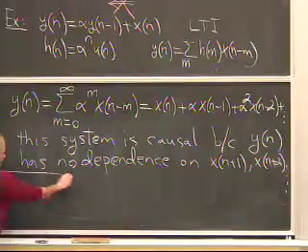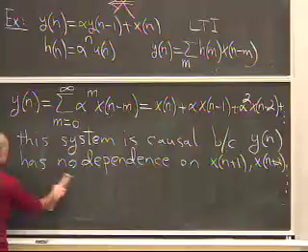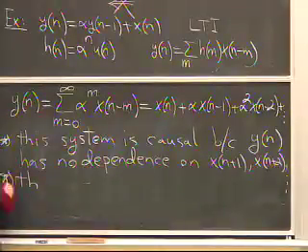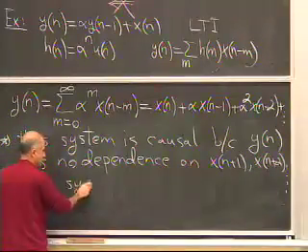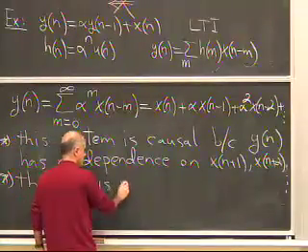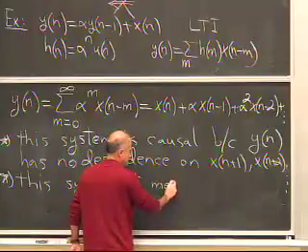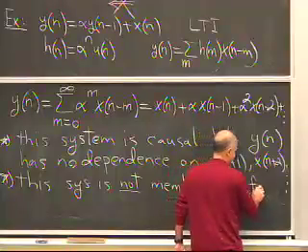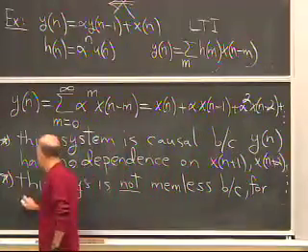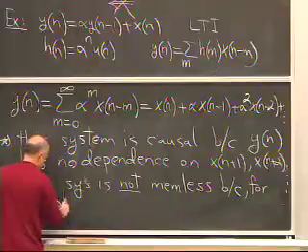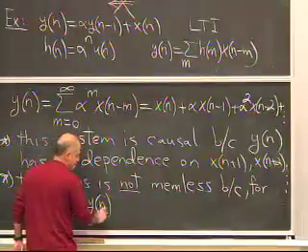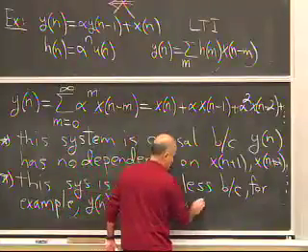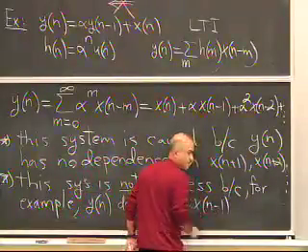A simpler example would be this. So let's make that comment. This system is not memoryless because, for example, y at n depends on x at n minus 1.